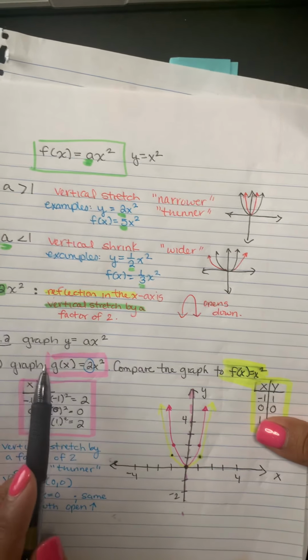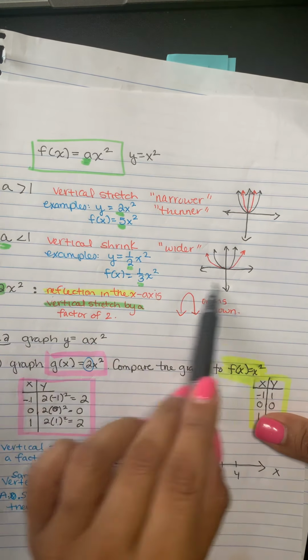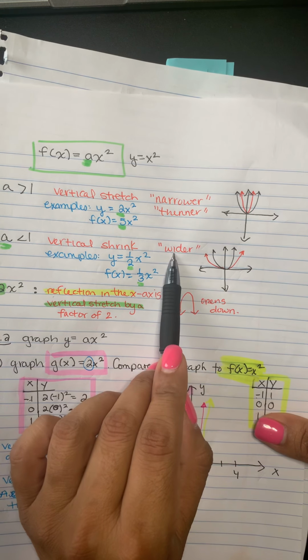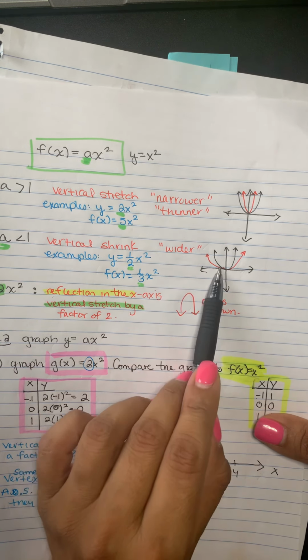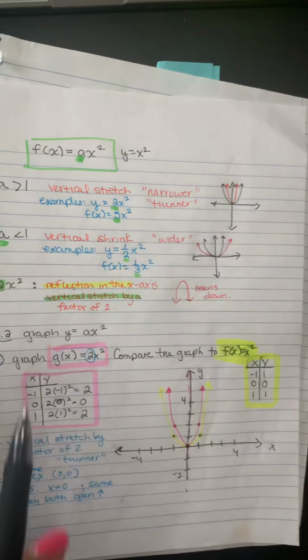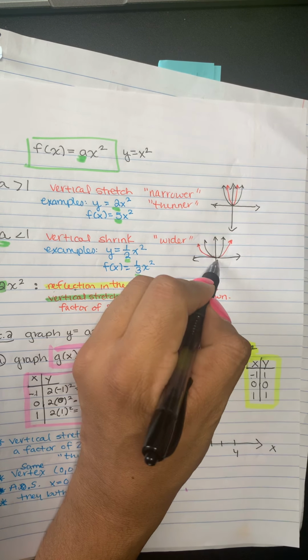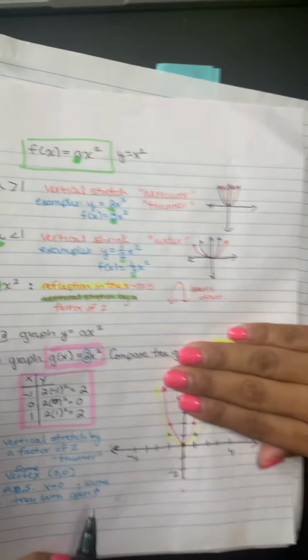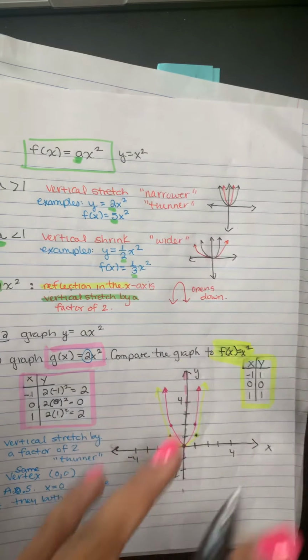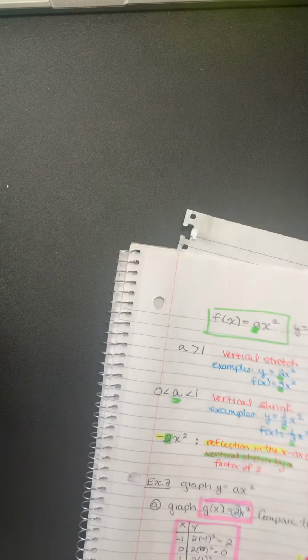So that means that it falls here in this area. That means it's going to be wider than our parent function. So it's going to be reflecting, it's going to be opening down, and it's going to be wider than our parent function. So it looks like the red, but then if we reflect it, it's going to be wider. Okay, so those are some things that we want to make sure match up, right?